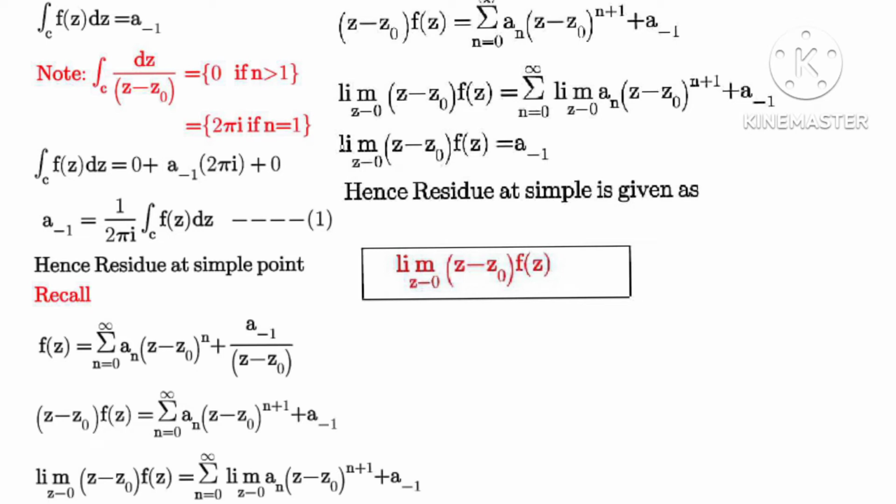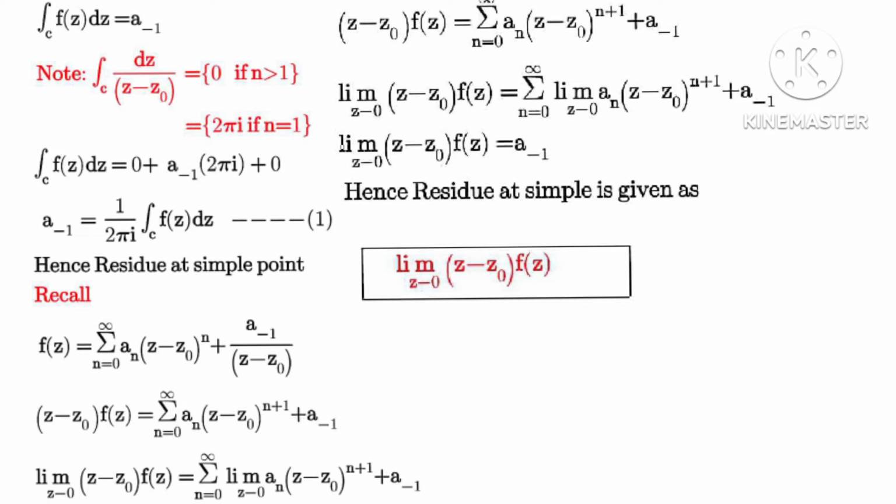Then you take the integral of f(z) dz. That's 0 plus a minus 1 times 2 pi i plus 0. So you take the residue. The residue will therefore be 1 over 2 pi i integral of f(z) dz.